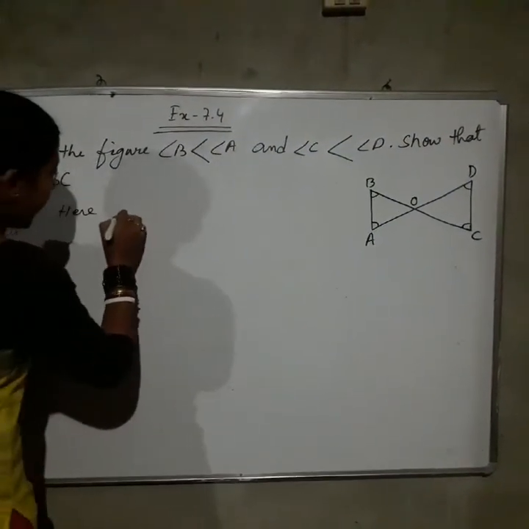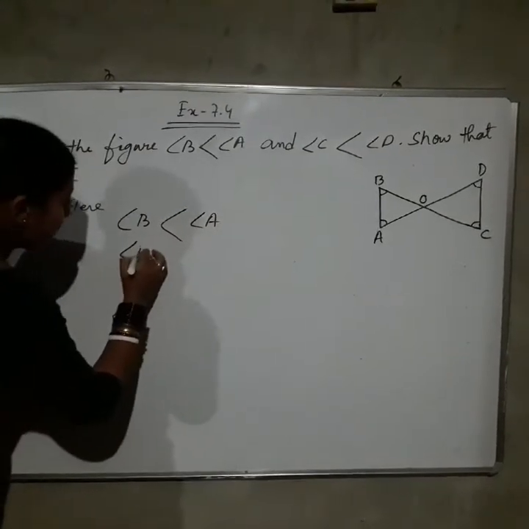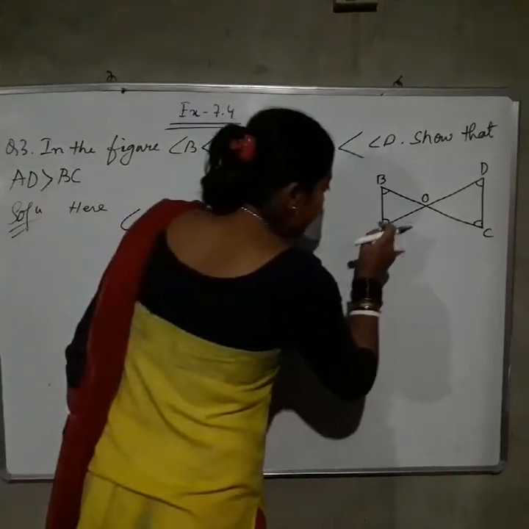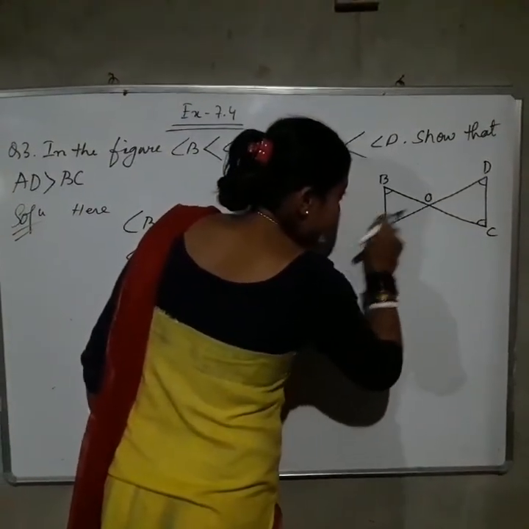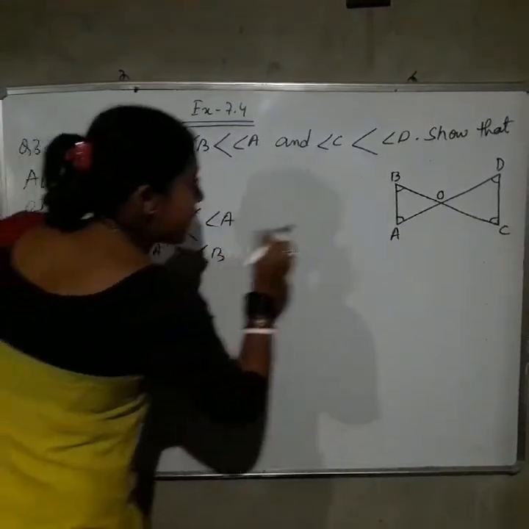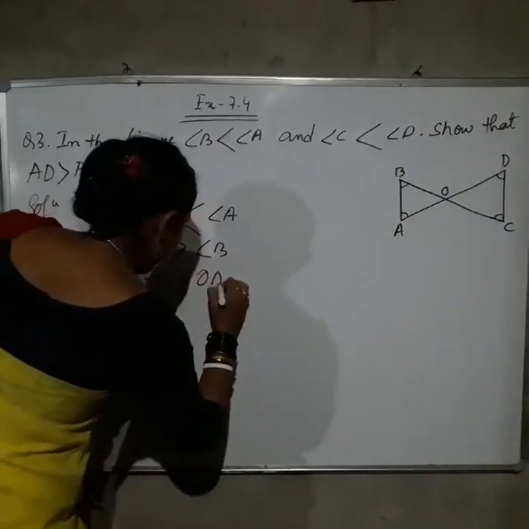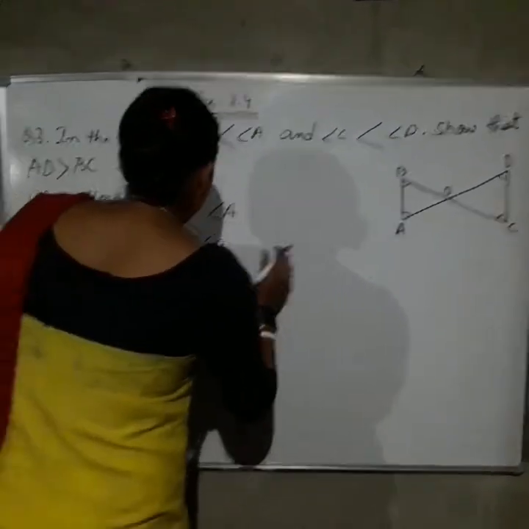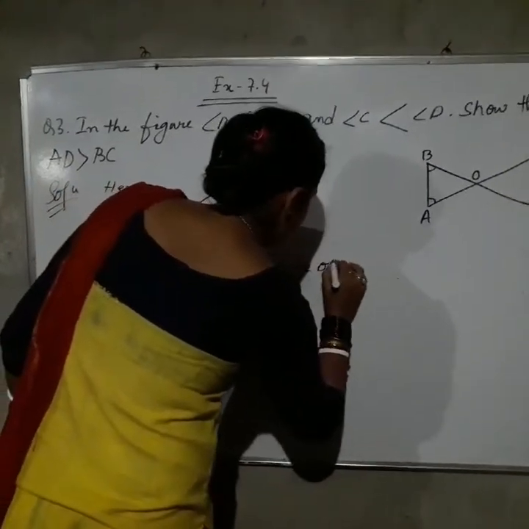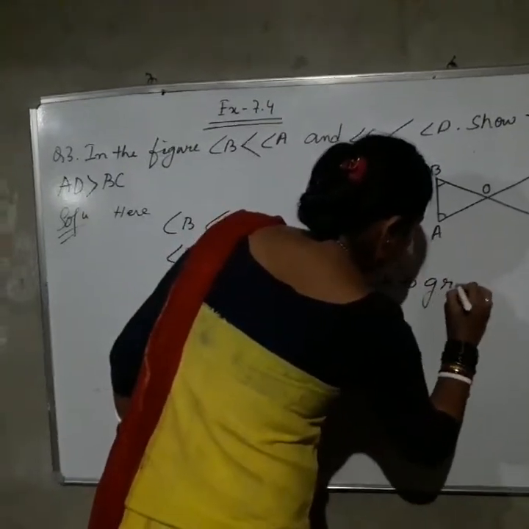Here it is given that angle B is less than angle A. So we can write angle A is greater than angle B. Now which side is opposite to angle A? OB. And the side opposite to angle B is OA. So OB is greater than OA, since the side opposite to the greater angle is longer.